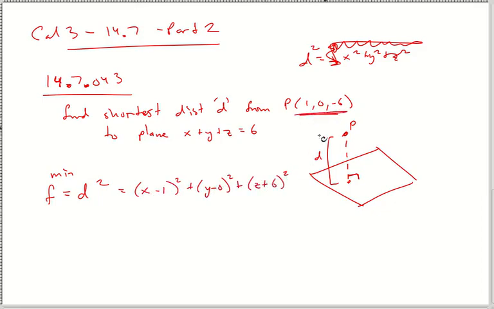Notice that I'm using the point here, and I'm trying to find distance from that point. So essentially, I know this point is fixed, and I want to find the distance from that point down to this thing here. I guess you can call it Q, and that would be this x, y, and z here that I don't yet know.